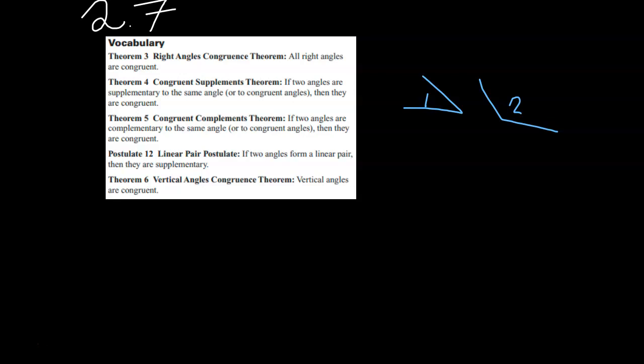But then if angle 2 and, say, angle 3 also add up to 180, then angle 1 and 3 are the same. That's theorem 4, right? So it says if two angles are supplements of the same angle, so 1 to 2 or 3 to 2, if they're both supplements of angle 2, then they're congruent to each other. Again, some of that might be obvious, but it's helpful to work it out in the details. Again, you would just invoke definitions of supplementary. And maybe I'll make another video to go into detail of these.